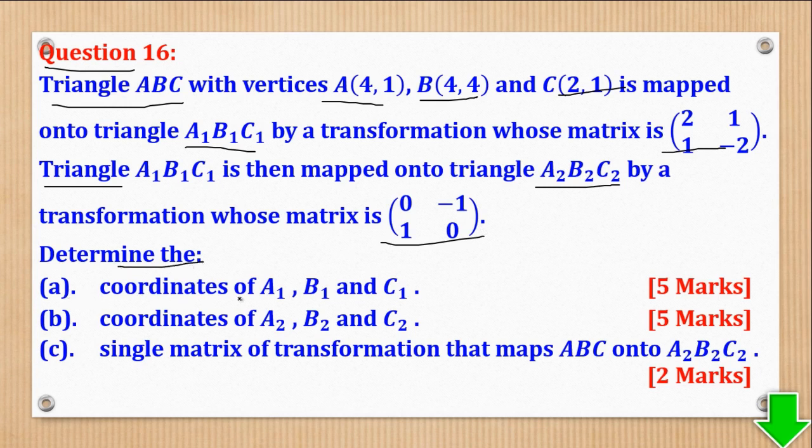Determine, Roman 1, the coordinates of A1, B1, and C1. Then part B, the coordinates of A2, B2, and C2. And part C, a single matrix of transformation that maps ABC onto A2, B2, C2.